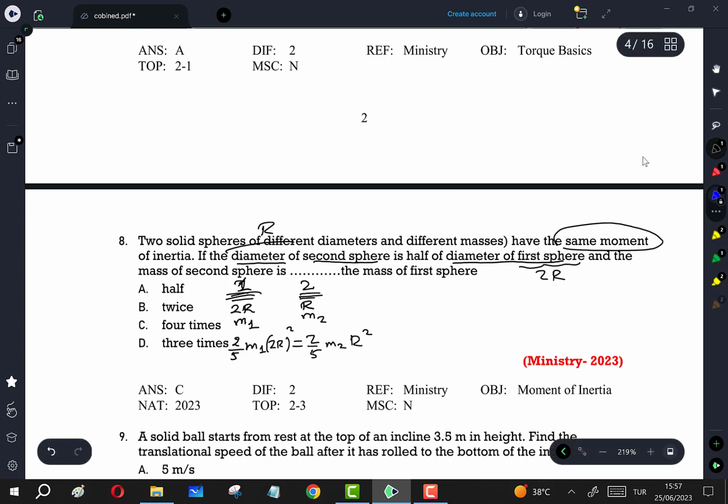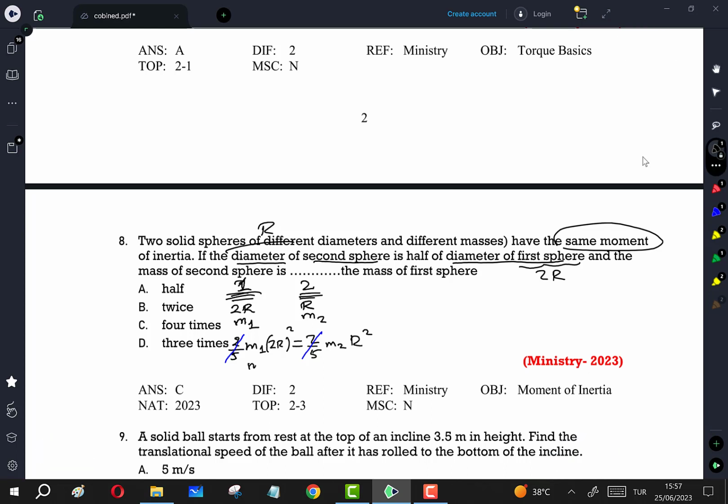So let's simplify. 2 over 5 will simplify. m1 times 2r, and when I take the square of 2r, I have to square 2 and r. The square of 2 is 4, and the square of r is r squared, equal to m2 times r squared.